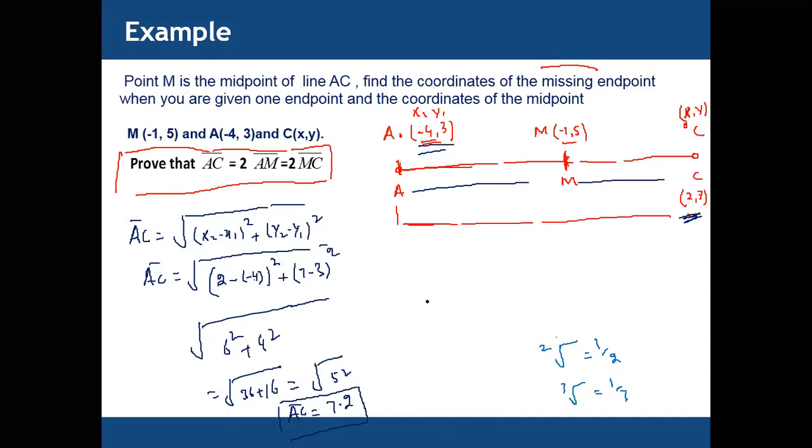So if we have 6 square under the root, this is 6 to the power 2, and the root is the power 1 over 2.